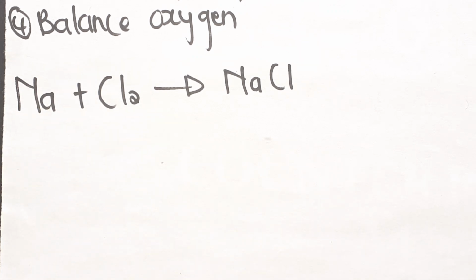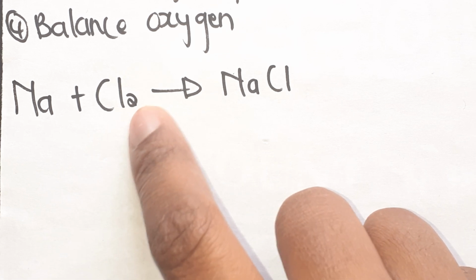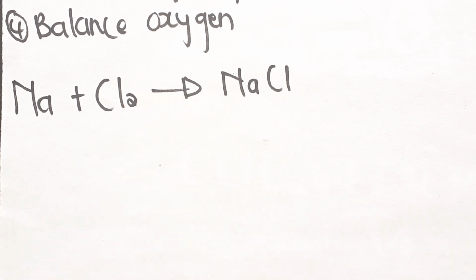So the only numbers you can change in a chemical formula are those coefficients. You cannot change this one. These are valencies. So you cannot do anything to valencies. You just focus on coefficients. That is exactly what you are going to be looking at when we're trying to balance this chemical formula.